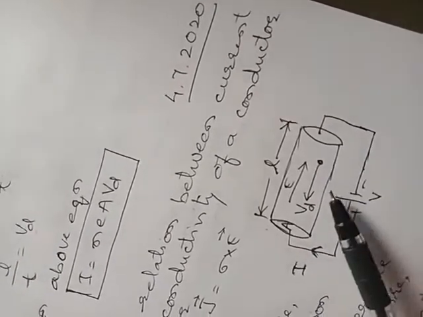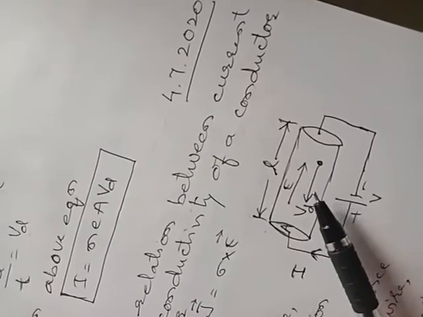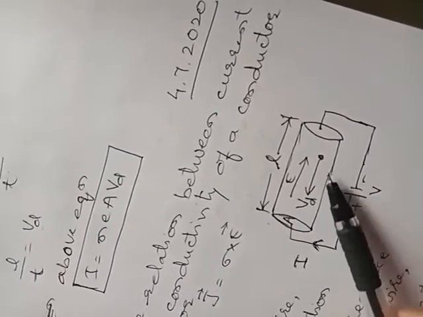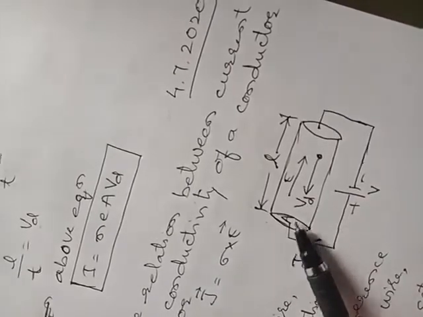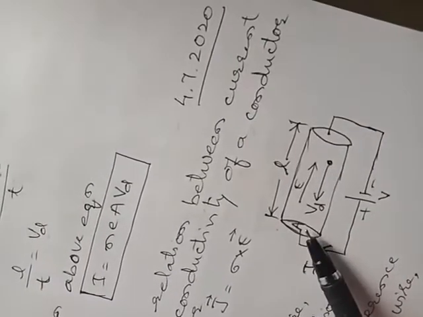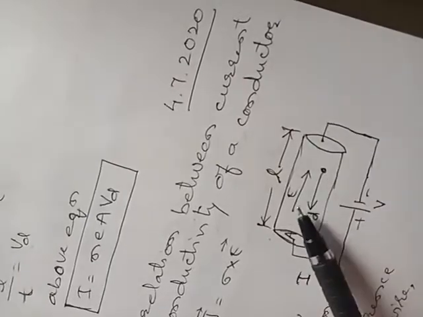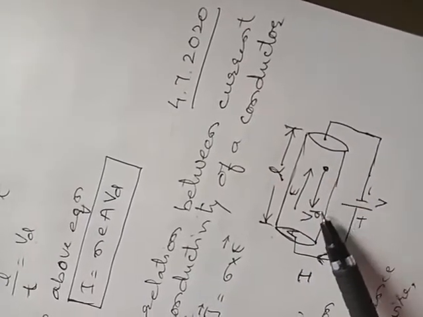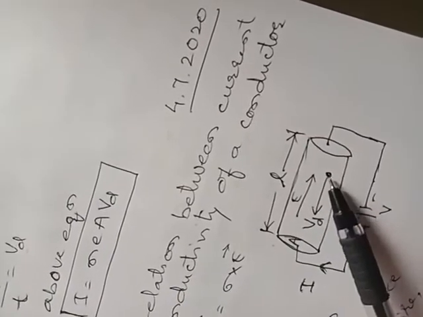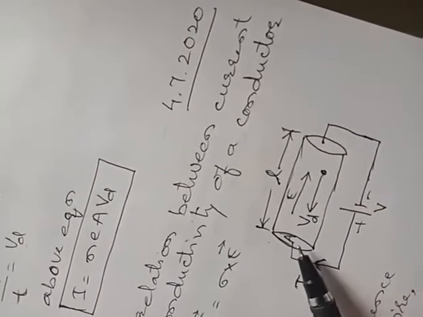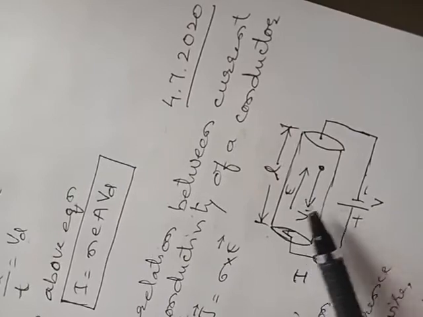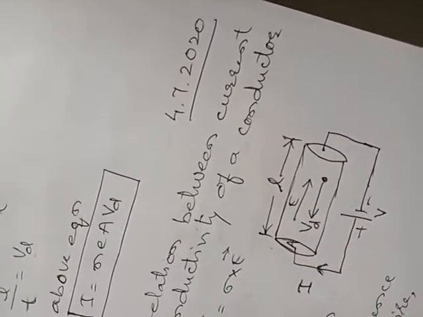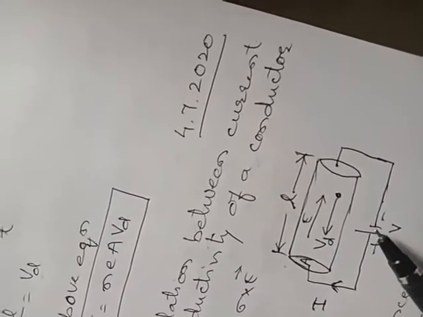The drift velocity already we know is 10 to the power of minus 4 meter per second. With this velocity, the electrons drift towards the positive potential. So E is set up in this direction, and the electrons drift in the opposite direction with Vd. Already for the last 2 to 3 days we are studying this only. Understood? This figure is clear.